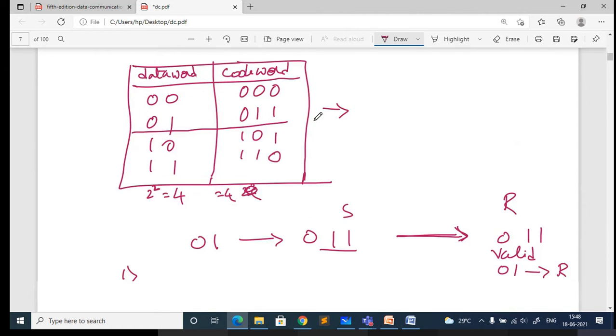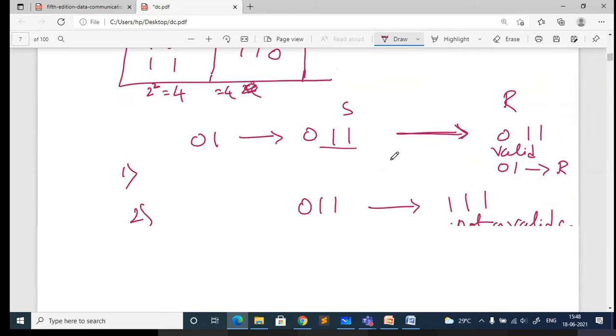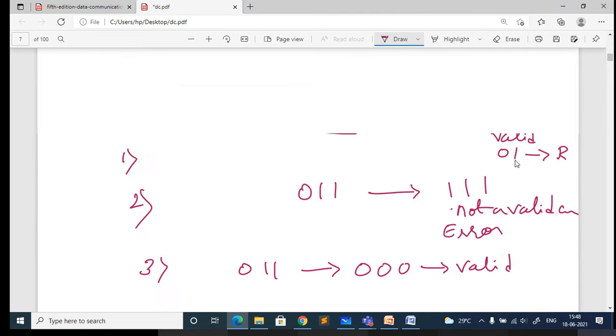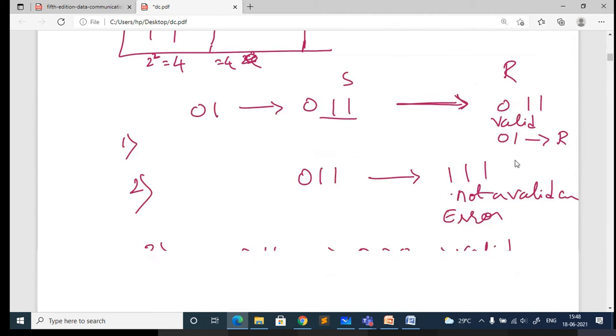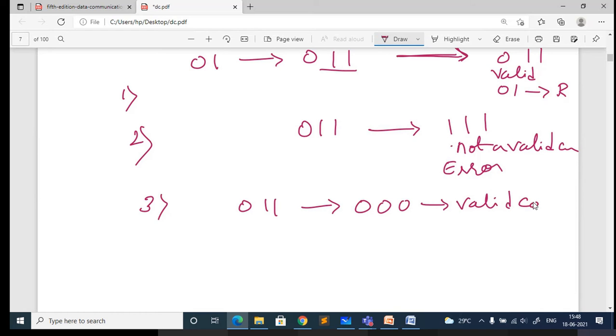Yes, it is there. By checking with respect to this table, the method used at the receiver side comes to know that it is a valid code word, because the code word is available in the table. So it will extract the data 00 and deliver it to the receiver.